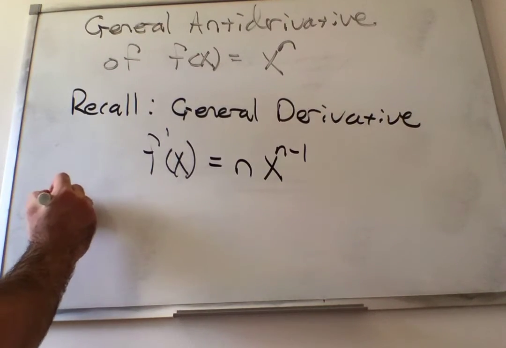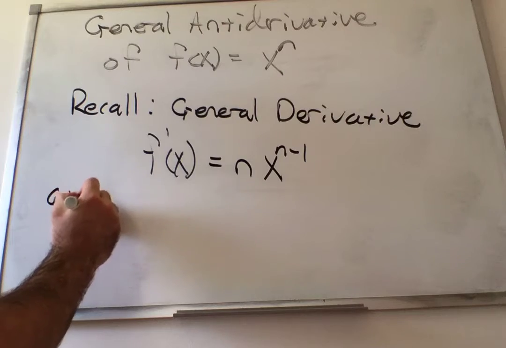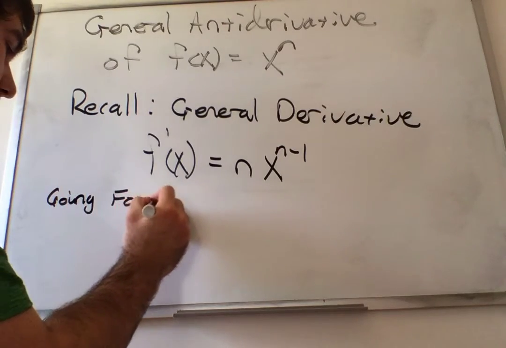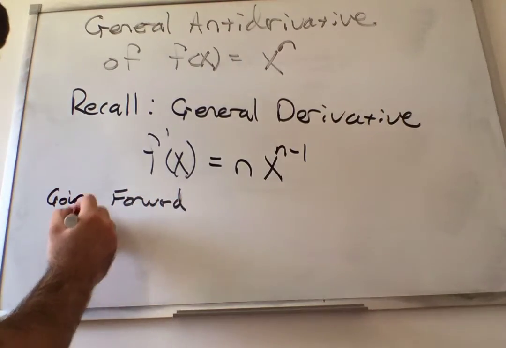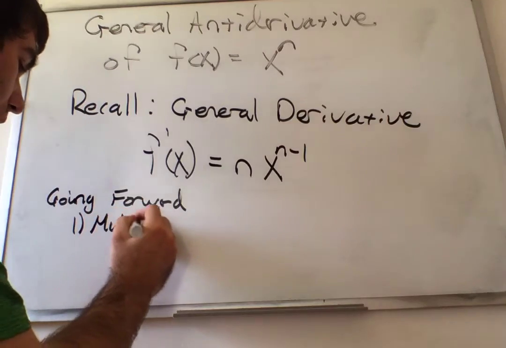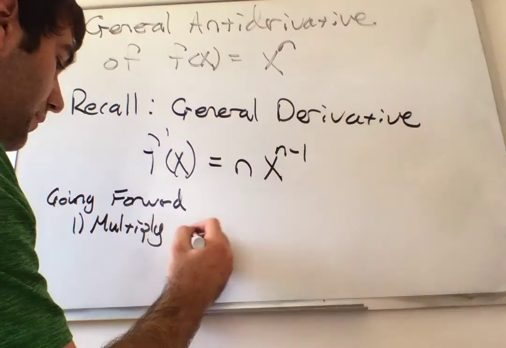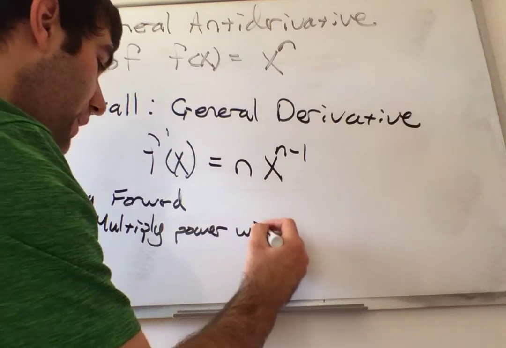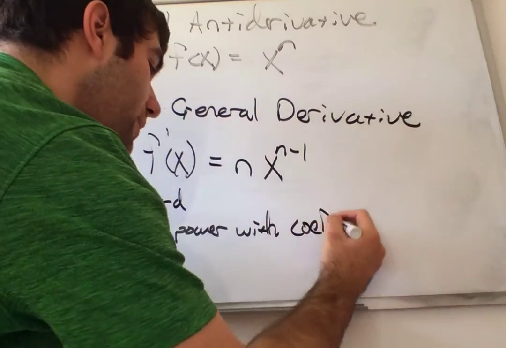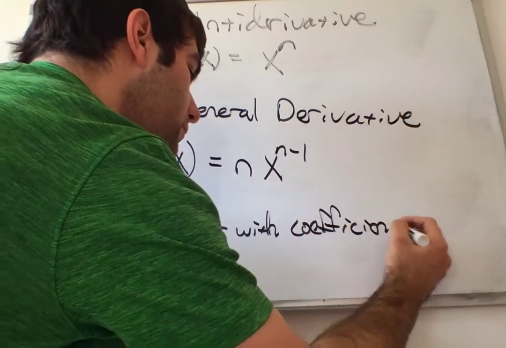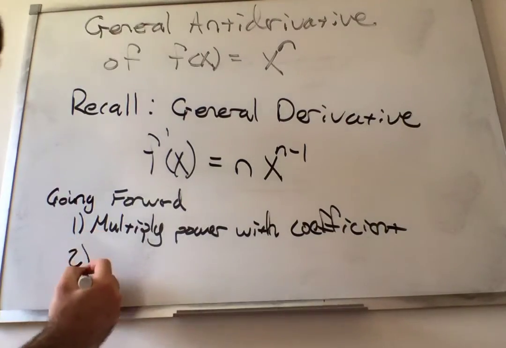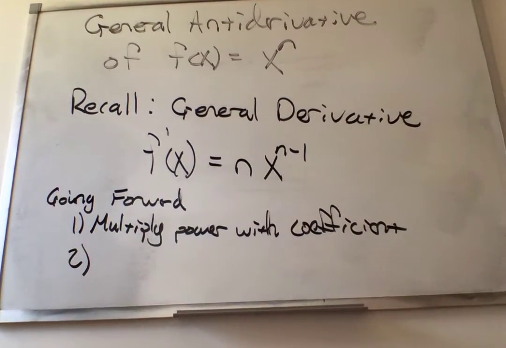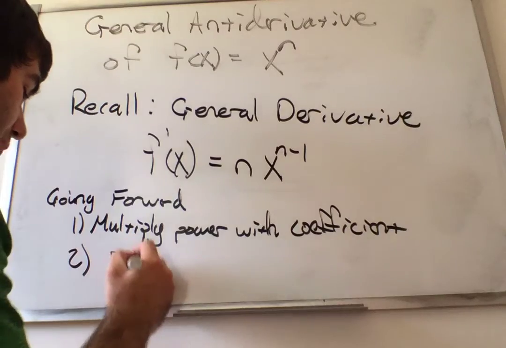So going forward, one, multiply power with coefficient, and then 2, drop 1 power.